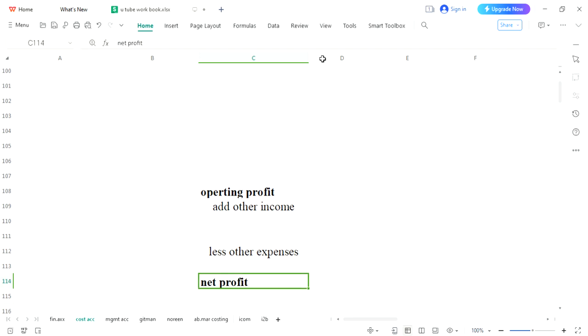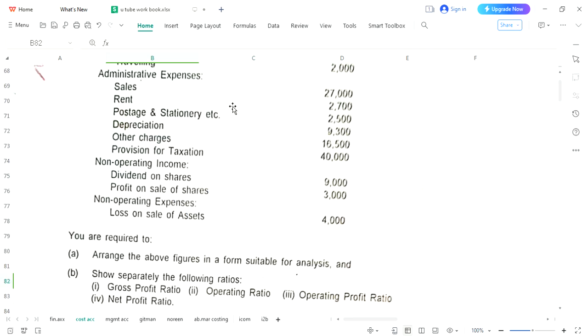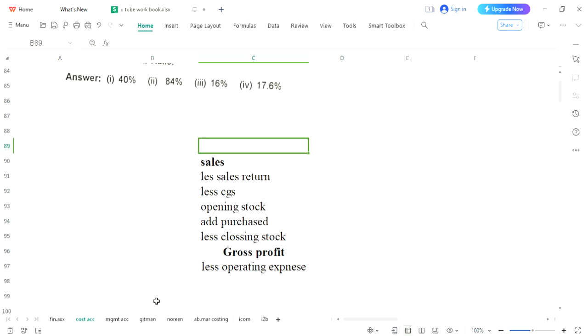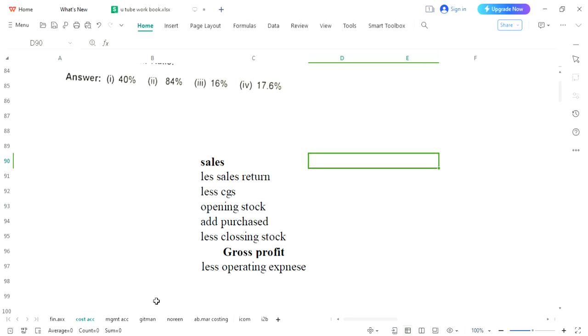And why are we calculating net profit? Because you can see that net profit ratio is also required. So we are going to solve it in a hurry. First of all, we need to put our sales.